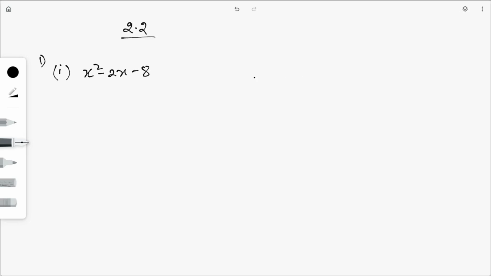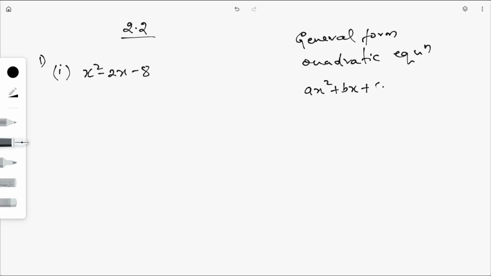Fine. So here let me write the general form of a quadratic equation. That is ax square plus bx plus c. So this is the general form.